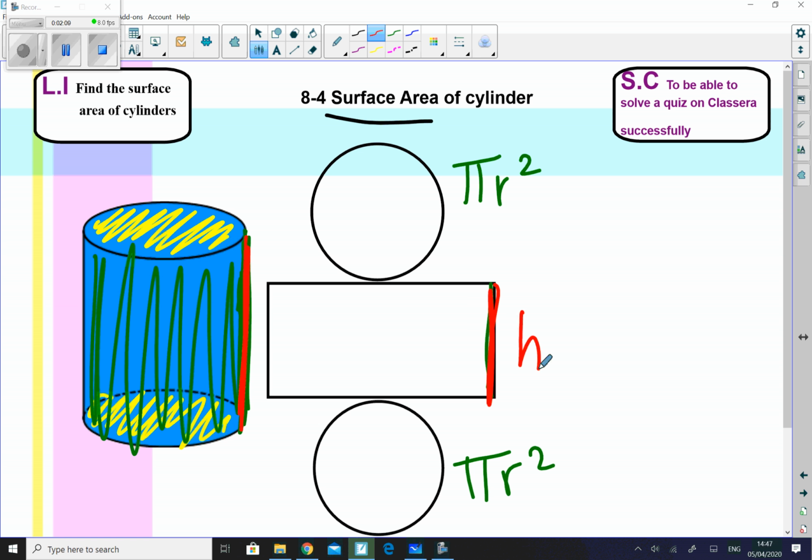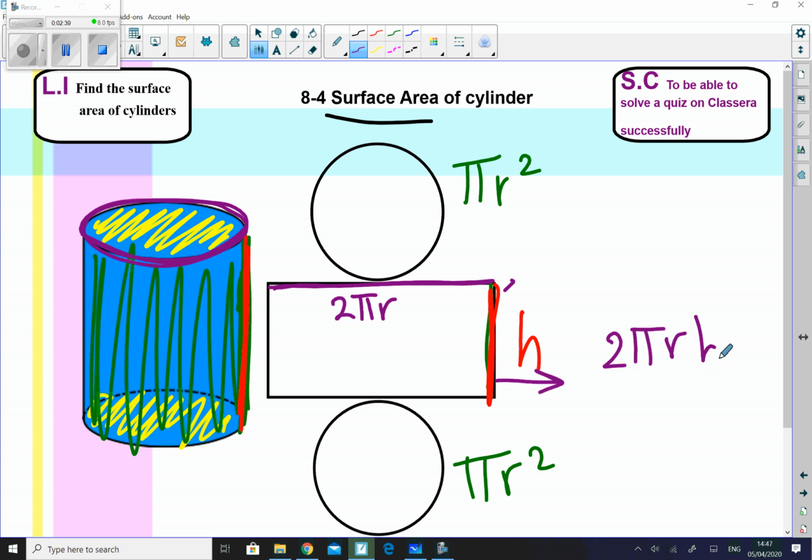What about this other side? This side is the one rounding around the circle. What do we call the round around the circle? We call it the circumference. So this side is going to be 2 pi r, because it's the round around the circle. So the area of this rectangle is going to be 2 pi r times height.